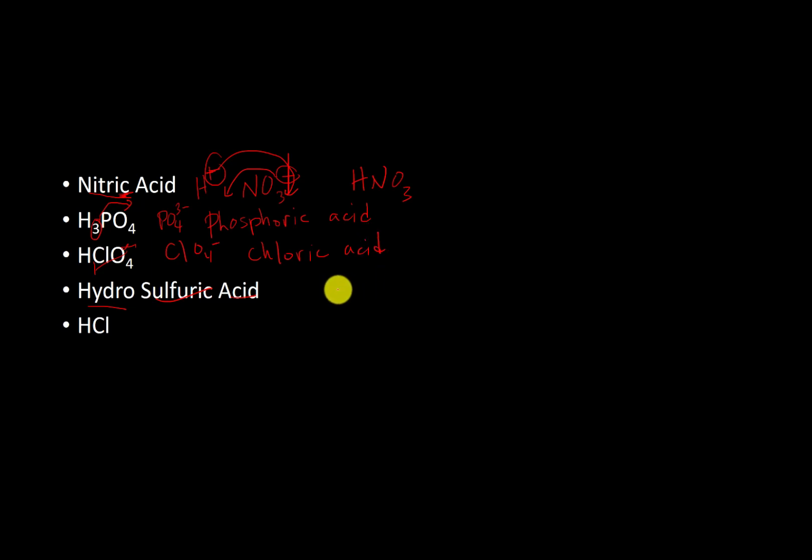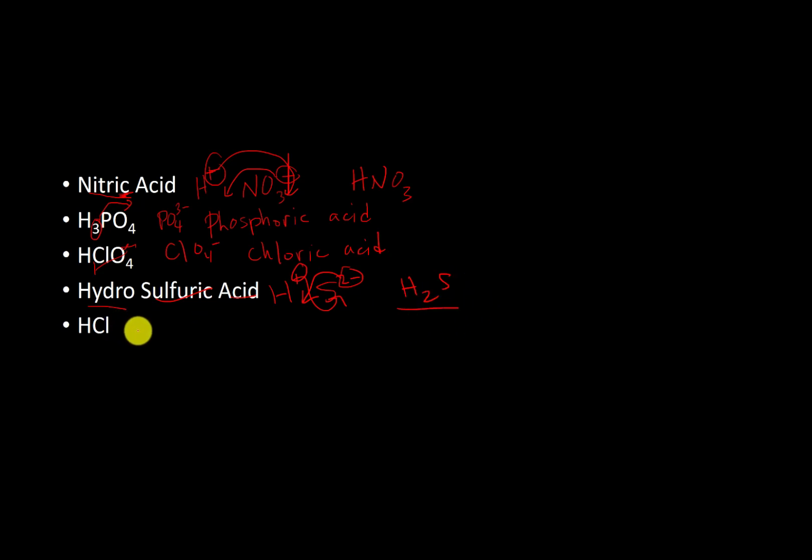Usually that's monoatomic anions that end in ide. In this case, we've got sulfur we're working with, so we're going to put S2 negative. And of course, we've got to combine that with hydrogen somehow. We put that here and that here. We've got H2S. So this is called hydrosulfuric acid.